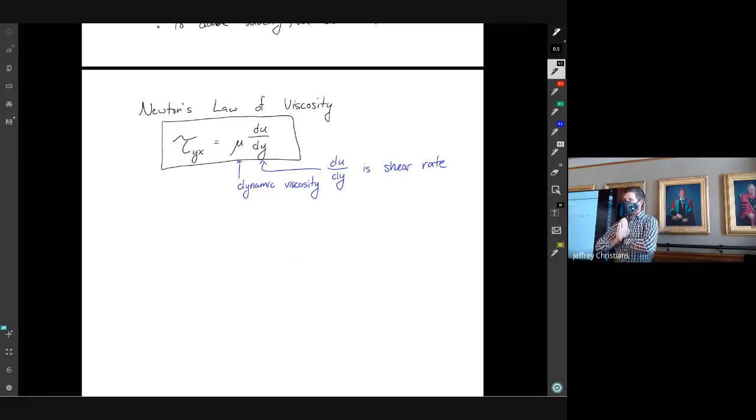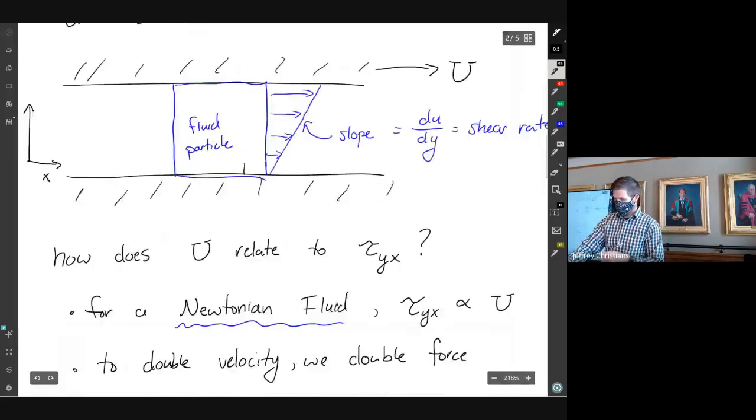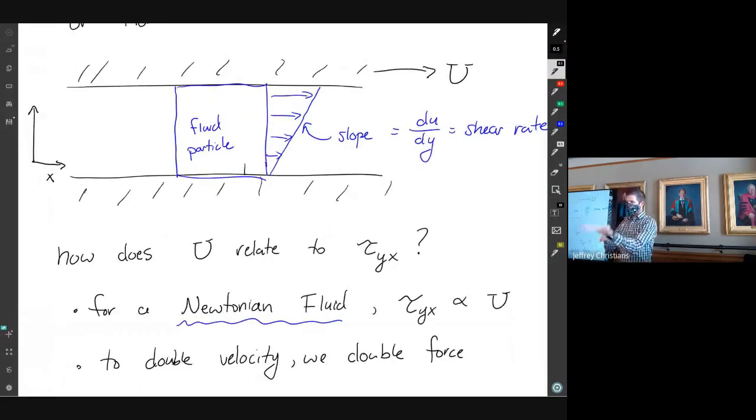If you have in this picture, the fluid at the bottom is stopped, the fluid at the top is moving fast. You can think of it kind of like two layers rubbing against each other. So what is the viscosity? Well, it's the friction forces between those layers of fluid that's resisting the motion.